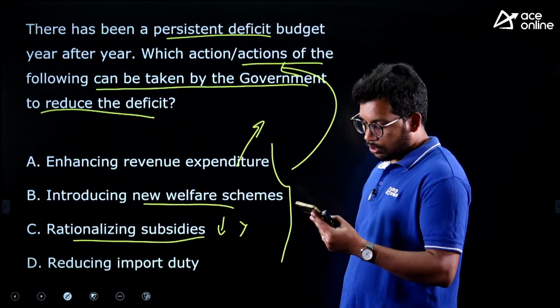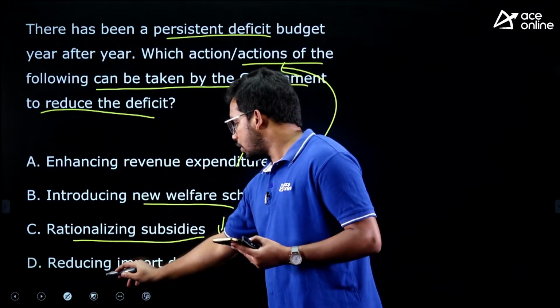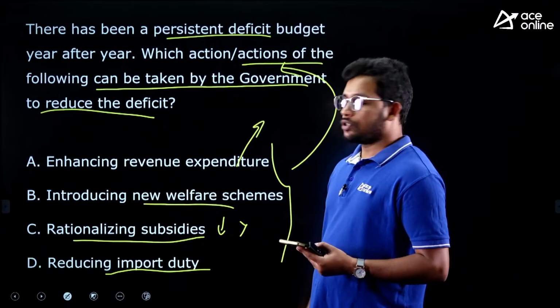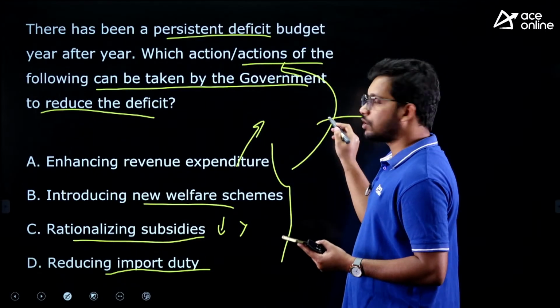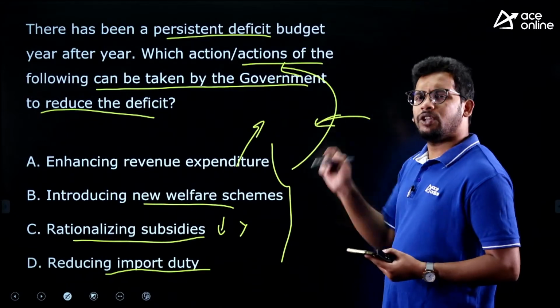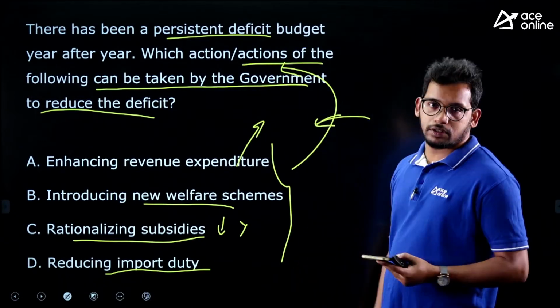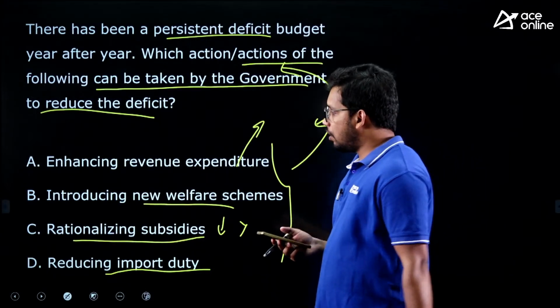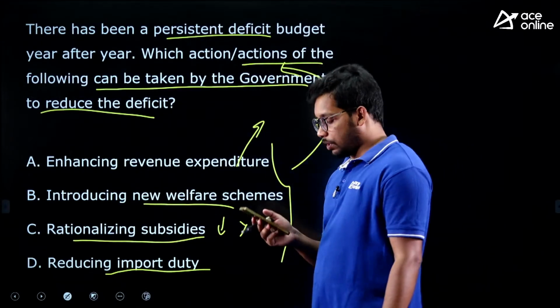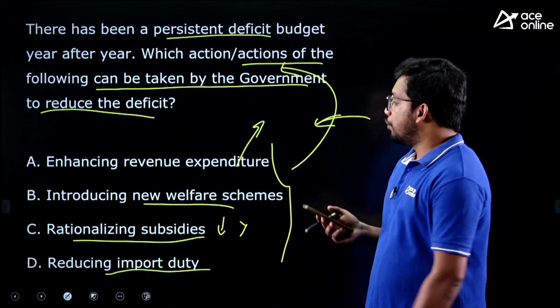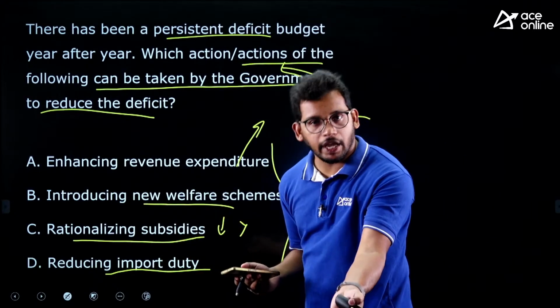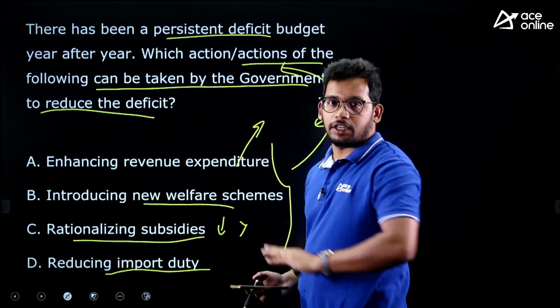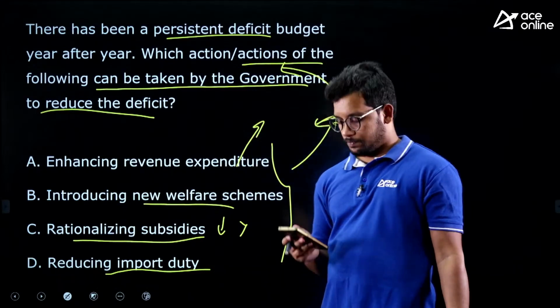Fourth option, reduce import duty. So whenever goods enter India, reduce the import duties, right? So tell me the answer now. Which measure should the government take to reduce their deficit, to reduce their debt?